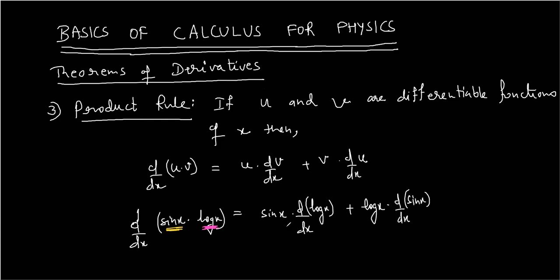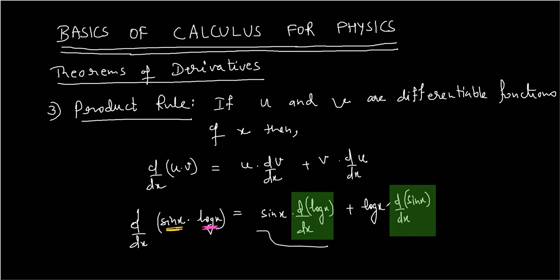So remember students, the function with which you write d by dx is differentiated. Here in the first term, you are differentiating log of x, and in the second term, you are differentiating sine of x. You can check. Log of x is differentiated, sine of x is just multiplied. Sine of x is differentiated, log of x is multiplied.